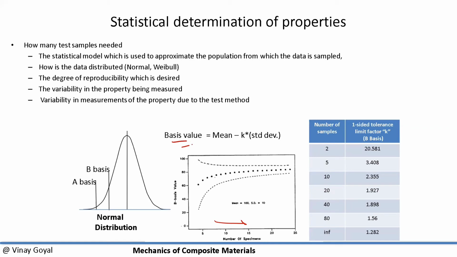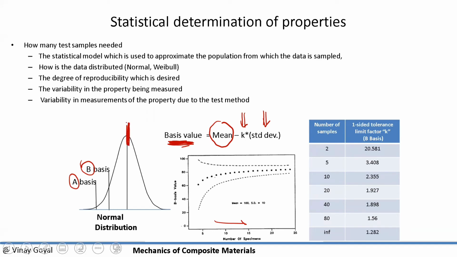I'll talk about the basis value, but here you're going to have the average, and this is a statistical value that depends on the number of samples. That's your standard deviation. And I'm going to design to the basis value. There are two basis values, the B basis and the A basis. These statistical models are needed because I'm going to have variations, and I don't want to design to the average.